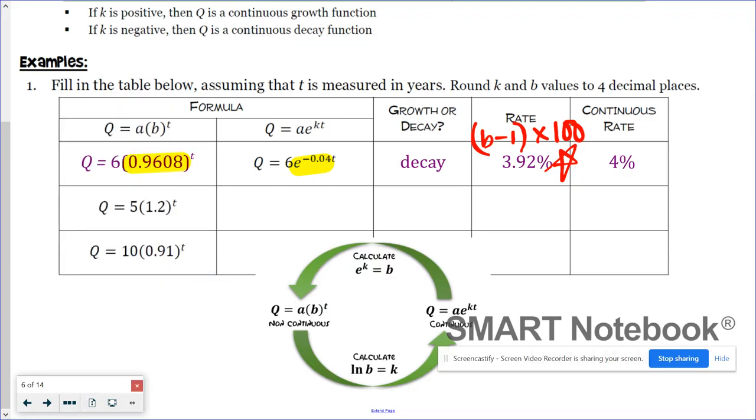In the second row, I have q equals 1.2 to the t power. So I'm given a non-continuous exponential function. In order to get the equivalent continuous function, I need to calculate the natural log of b. This will be equal to k, my exponent. So in my calculator, I'm going to calculate the natural log of 1.2.